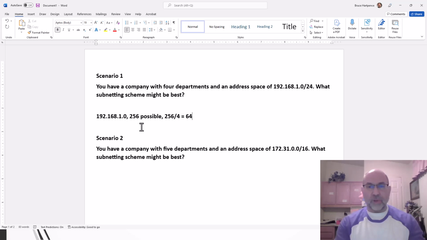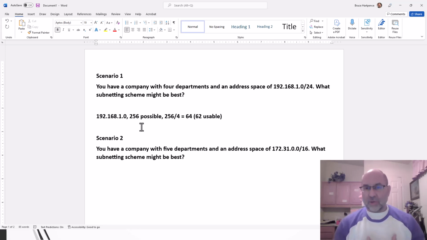That's pretty straightforward. I also know that there would be 62 usable, because we need the subnet IDs and the subnet broadcasts.